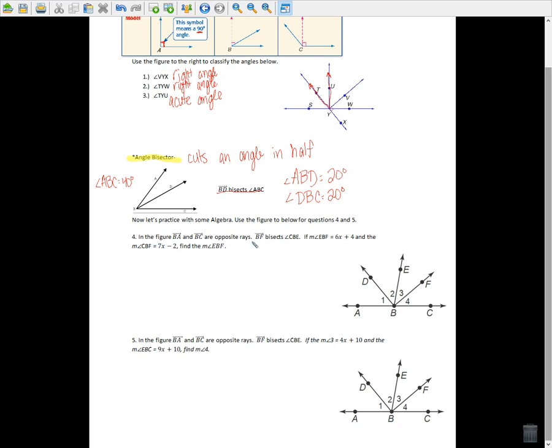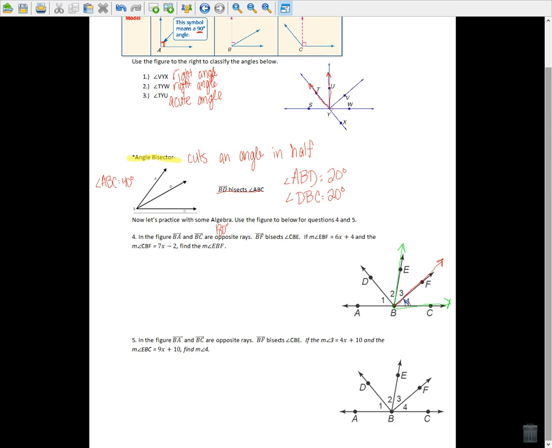It says in the figure, BA and BC are opposite rays, which I will give you guys a clue here. That means this is 180 degrees. BF bisects CBE. Okay, if we have something like this, the first thing I want to do is, since this is a bisector, this angle 3 is going to be equal to this angle 4.